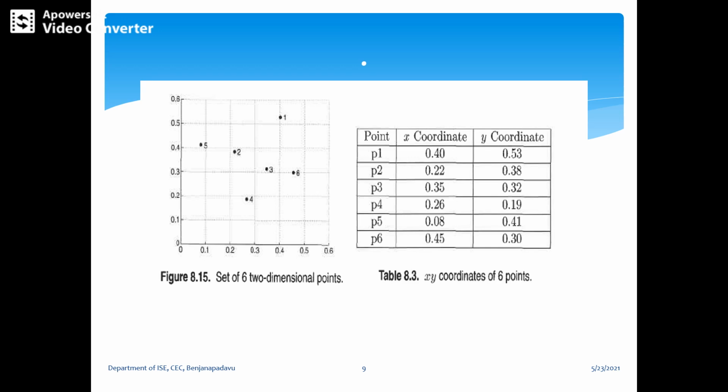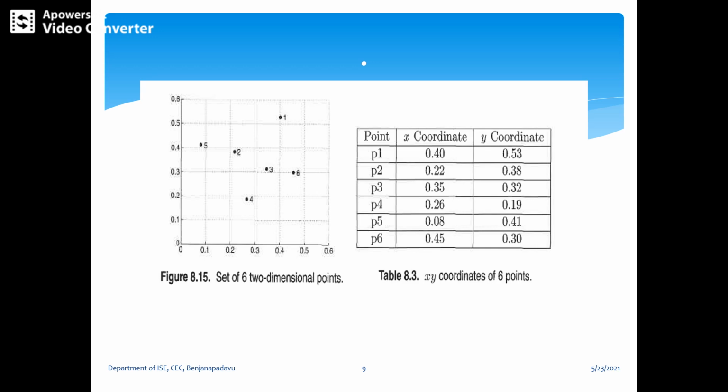Then P3 is 0.35 and 0.32 is the y coordinate value. Similarly, P4 is 0.26, and the respective y coordinate value is 0.19.